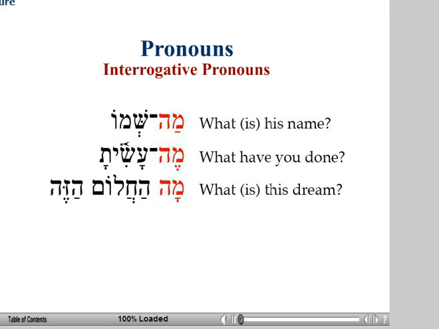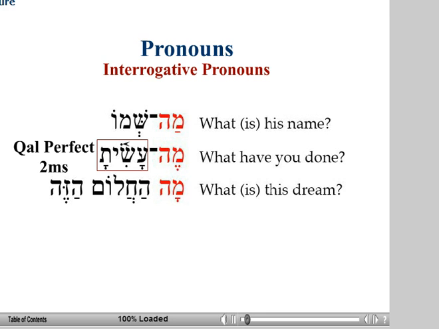Second example pronounced in Hebrew, mah asita. Mah is the interrogative pronoun. What have you done? In later lessons, you will learn that asita is a qal perfect verb, second masculine singular.